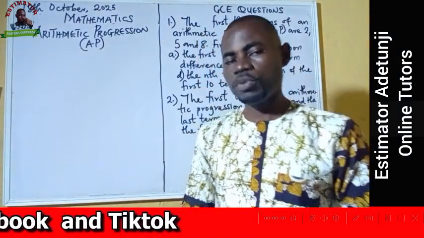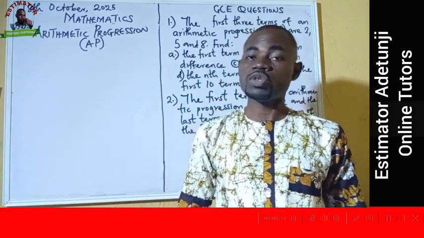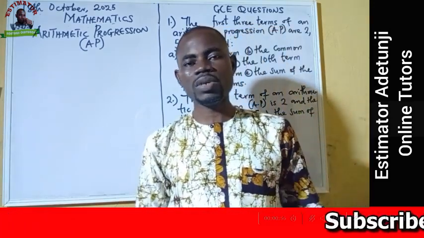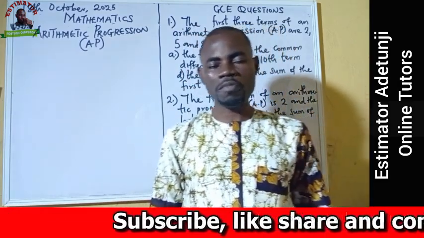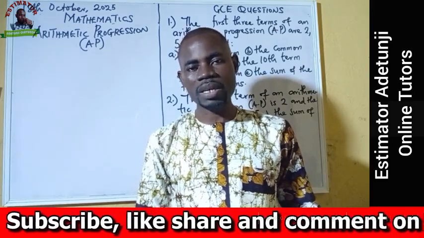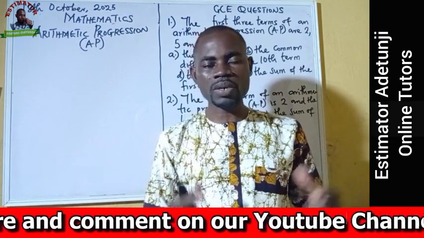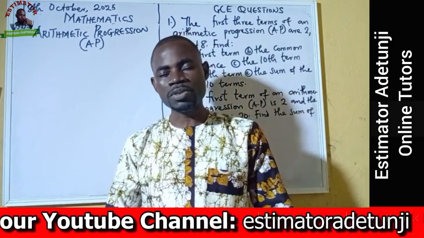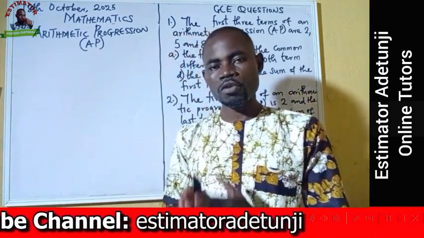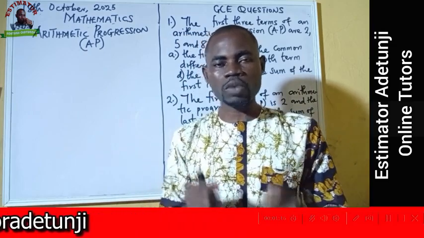In our previous video, we had class on sequence and series, where we said that when you talk about sequence, you are talking about the arrangement or ordering of numbers or terms or items following a particular pattern or rule. I repeat, sequence is you arranging items, terms, numbers to follow a particular rule or to give a particular pattern.